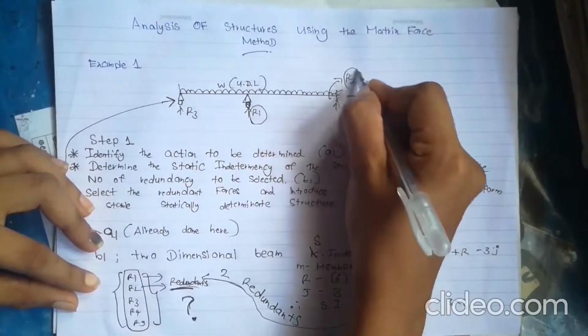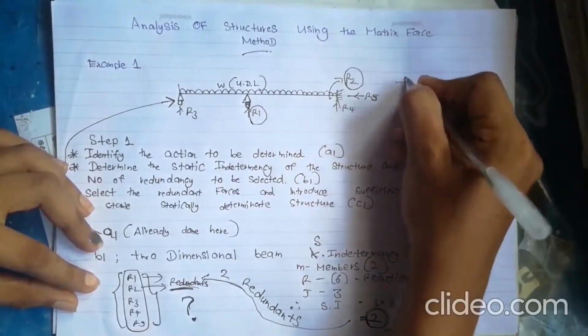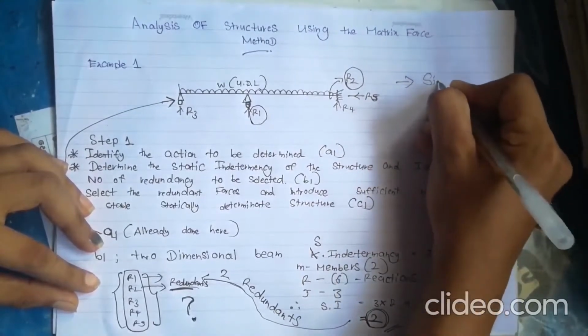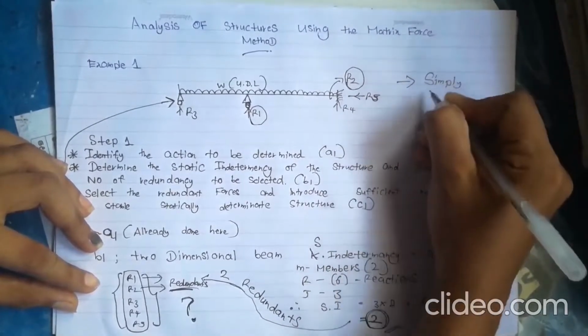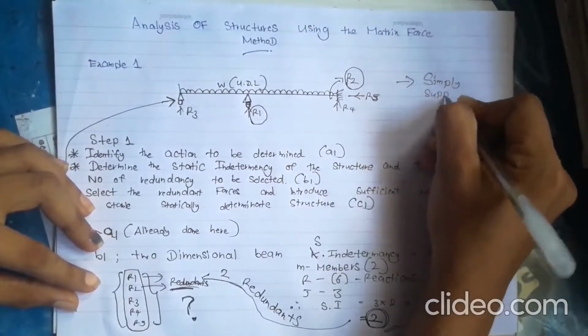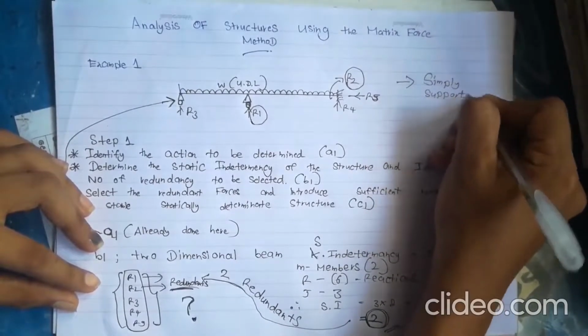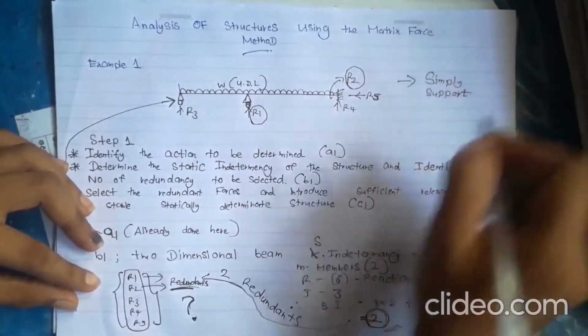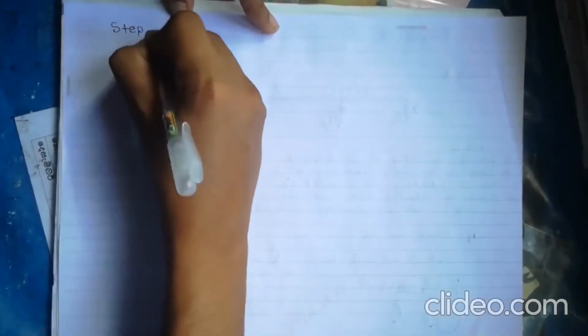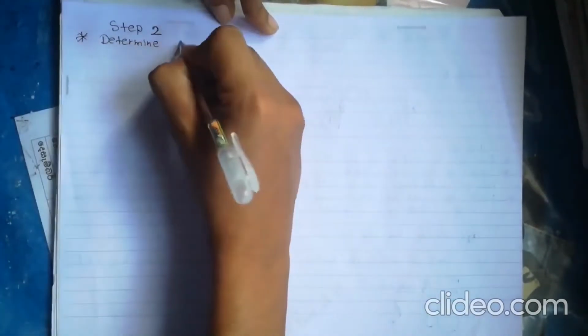When we release R1 and R2, we can clearly see the released structure is a very familiar type of structure, which is a simply supported beam. It is okay to select any 2 as redundants and you can just follow the steps I am about to do.